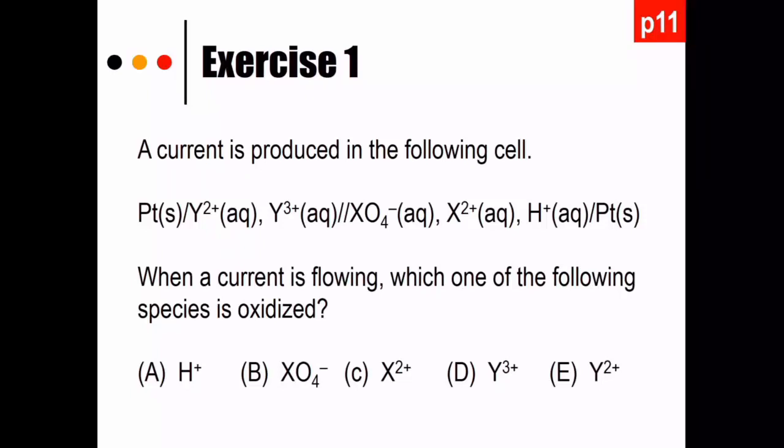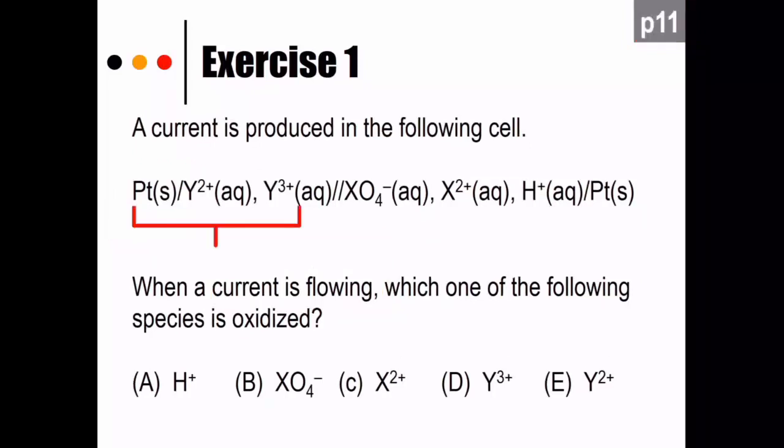Okay, exercise 1 is pretty simple. The question is asking which one of the species is oxidized. We are given a cell diagram, and from the cell diagram, we should be able to tell where the oxidation half cell is and where the reduction half cell is. So I will zoom in to the oxidation half cell.